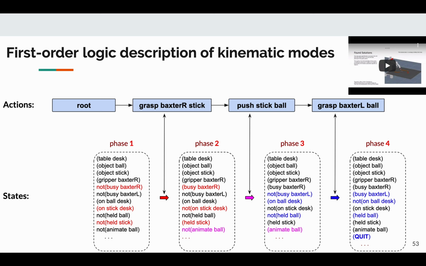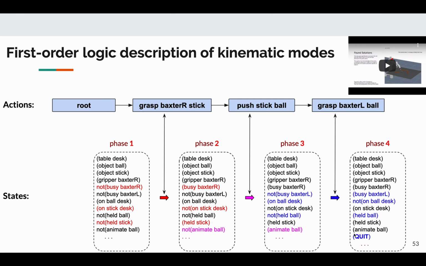in the logical world, which means there can be a logical solution available. So if we grasp sticks and push a ball and then logically, imaginarily grasp the ball, that will be a solution, and we will get the quit signal flag.